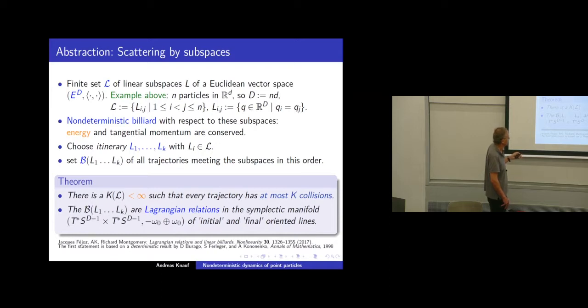So these describe incoming and outgoing oriented lines before and after this succession of collisions, with the typical symplectic form on this product space.